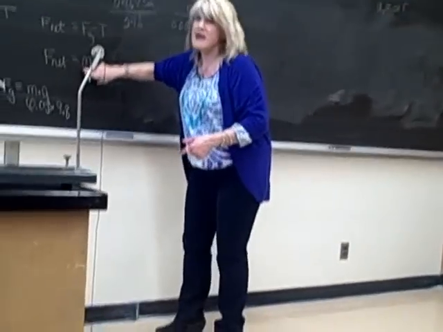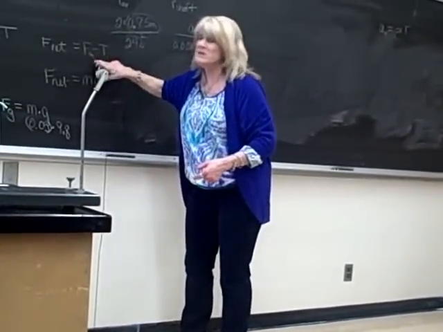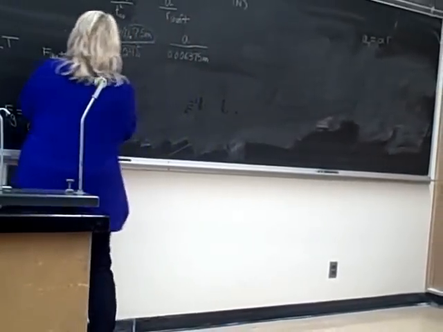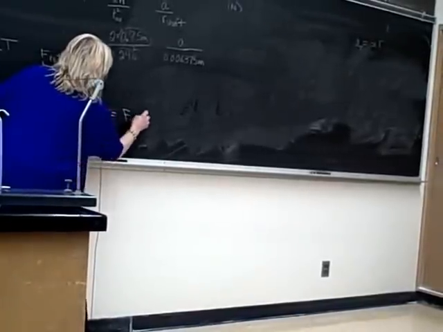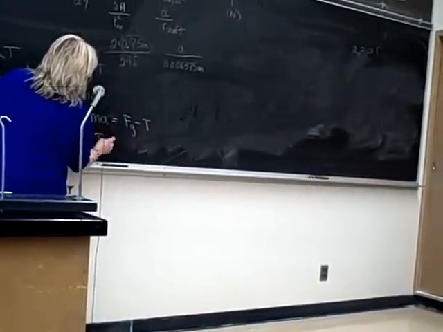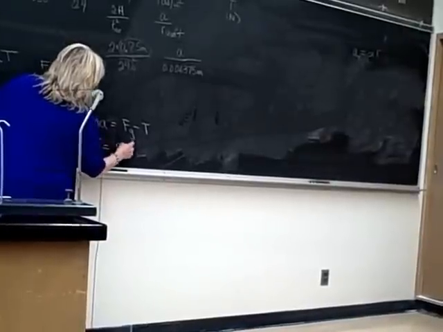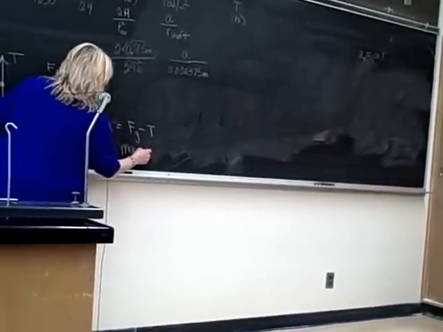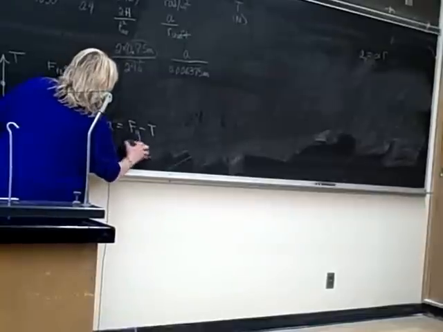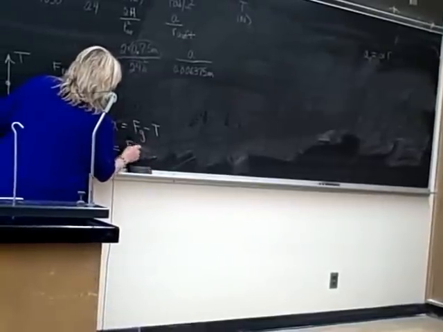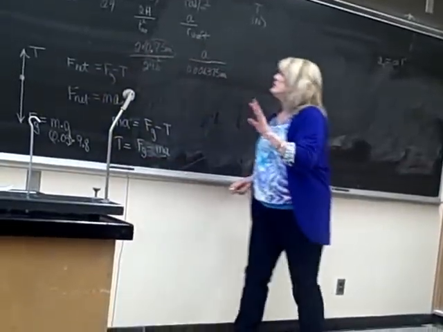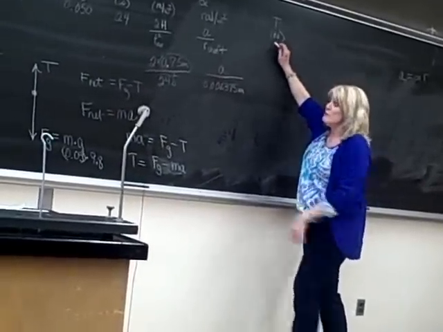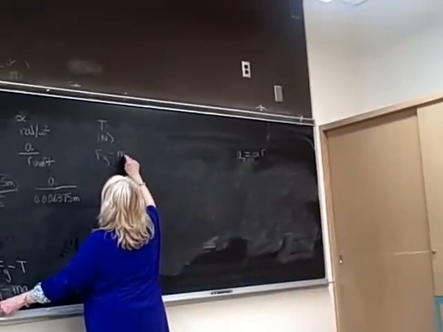So we're going to equate ma to Fg minus T. And if we do that and solve for T, we get T equals Fg minus ma. I did it the wrong way in my head. So this column will be generated using this formula, Fg minus ma.